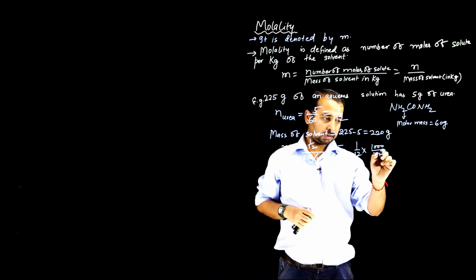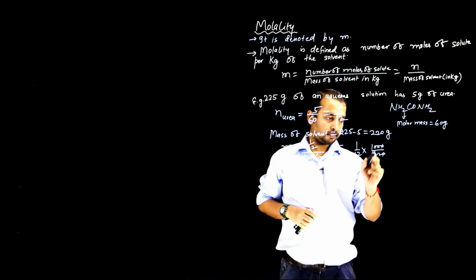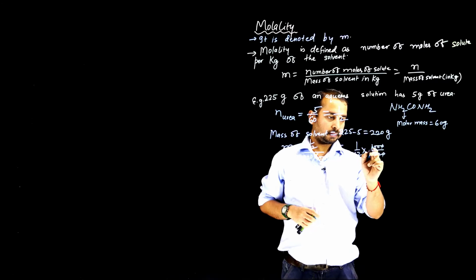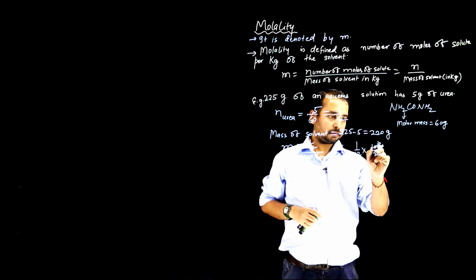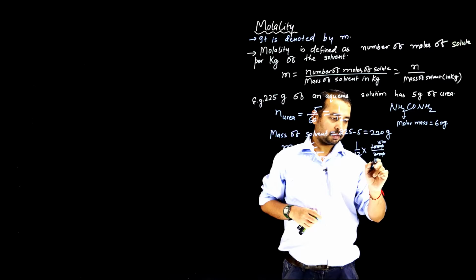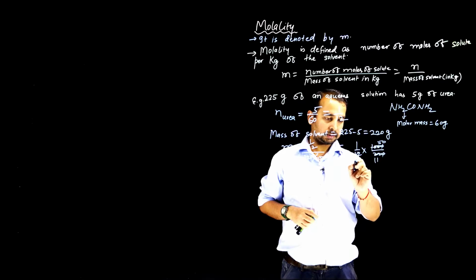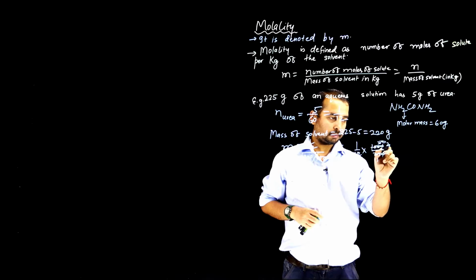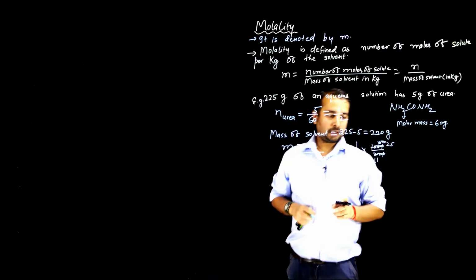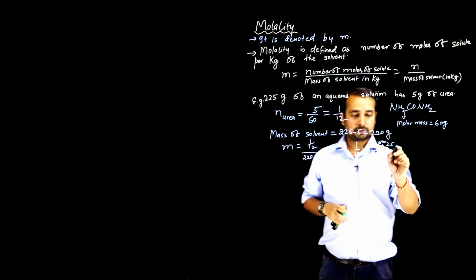So we cancel it here. It will be 50 divided by 11, and here 6 and 25. So 25 divided by 66.